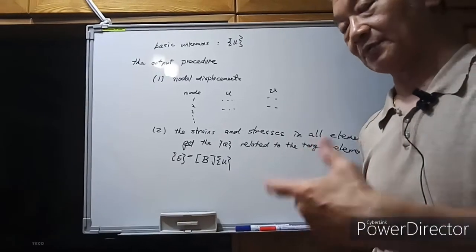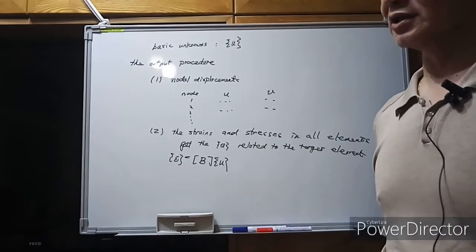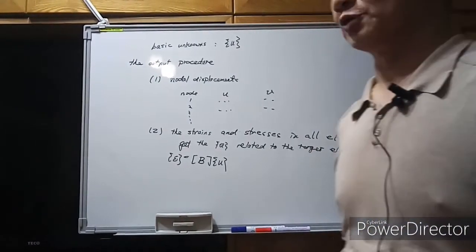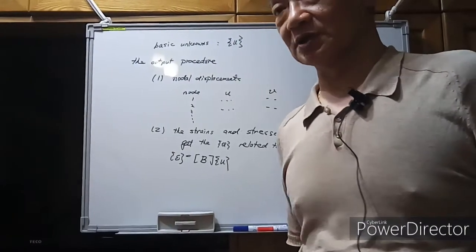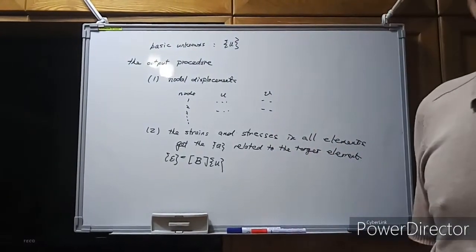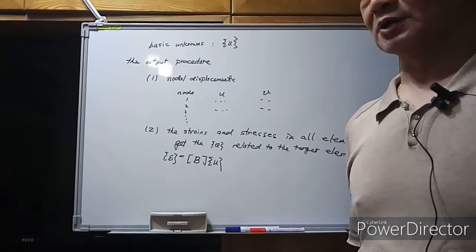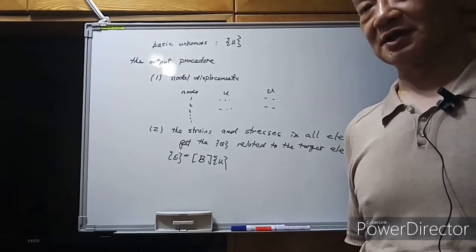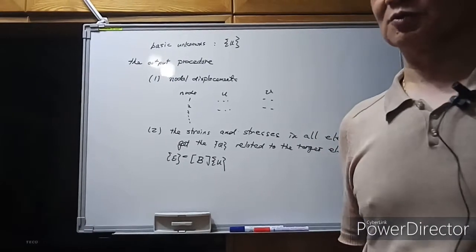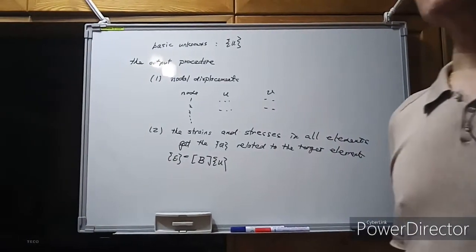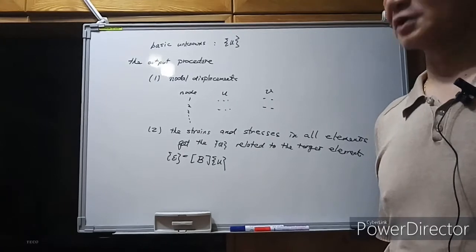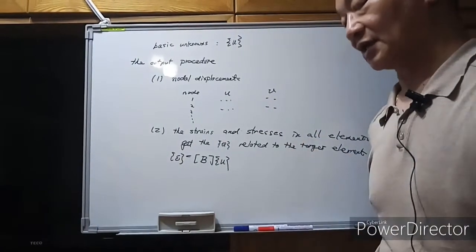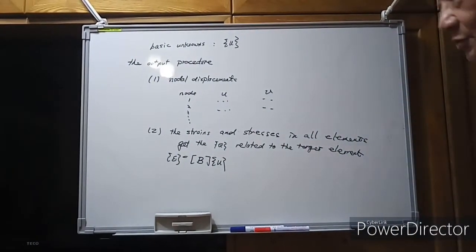Also, we need to multiply by the inverse of the Jacobian matrix, and those elements represent the partial xi to partial x, or partial eta to partial x, something like this. Oh no, they should be the partial x to partial xi, those.